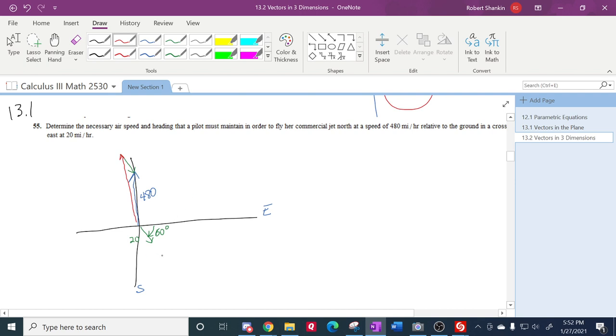Yes, I moved this one because the way that she's actually got to fly, this is her flight in still air, how she would be moving if she was going in still air.